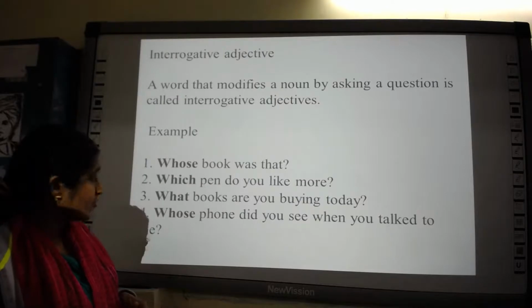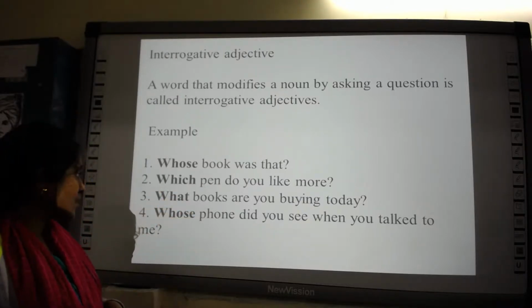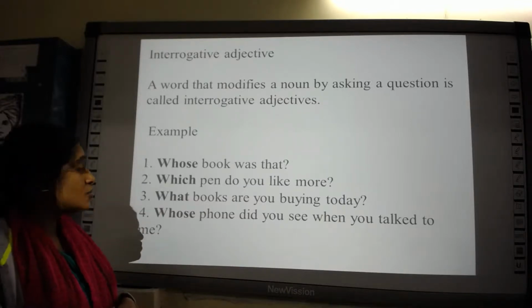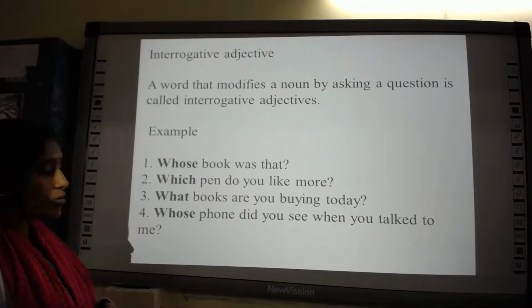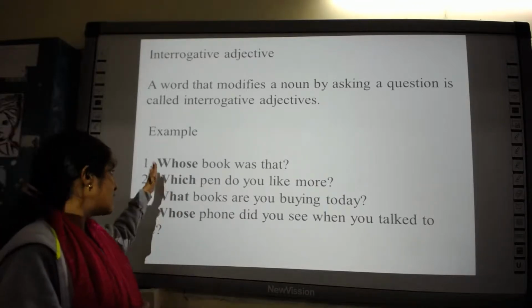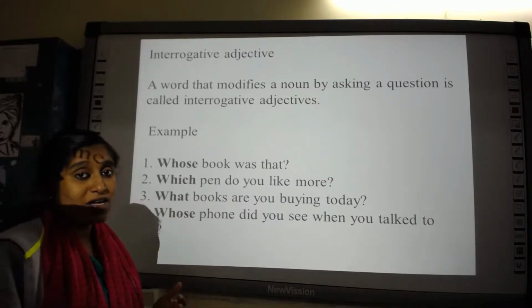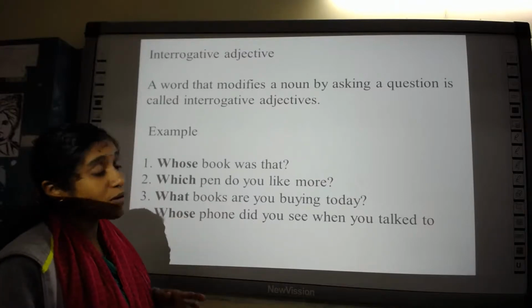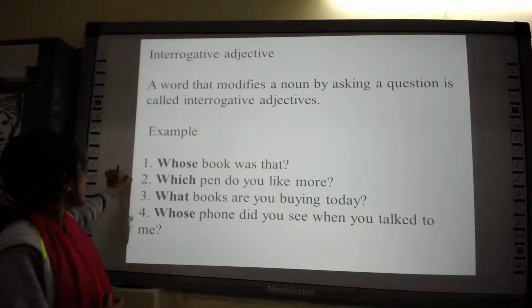Whose is a question word. Which pen do you like more? What books are you buying today? Whose phone did you see when you talked to me? So these words, whose, which, what, etc., become question words, and in that manner they become interrogative adjectives.